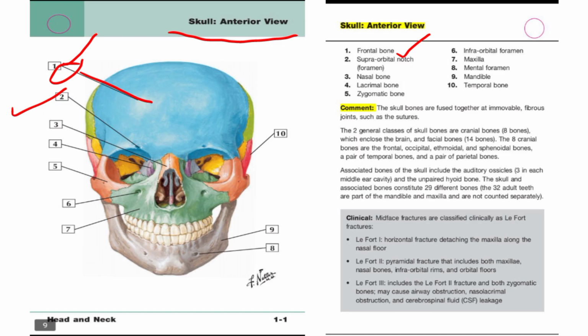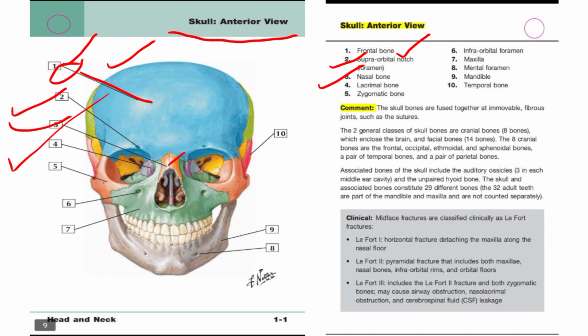The label 2 you can see, this is the notch. It is above the eye, so it is the supraorbital notch or supraorbital foramen. First we have the frontal bone. Second label is the supraorbital notch, and the third thing you can see here in orange is the nasal bone, the bone of the nose.